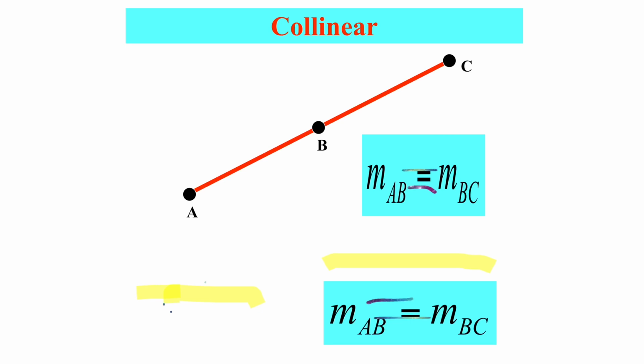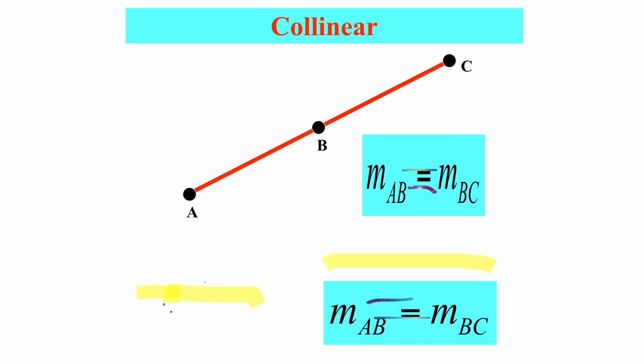When the points are collinear, it means that point A, point B, and point C are lying on a straight line. So collinear means they are lying on a straight line. Okay, so the gradient for AB should be equal to the gradient of the straight line BC.